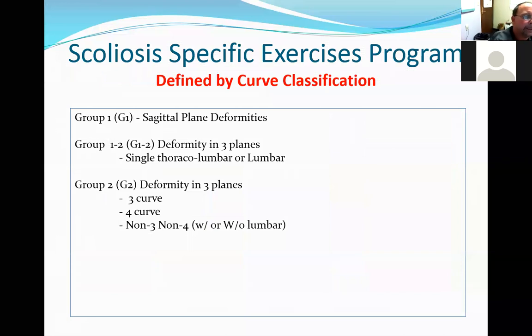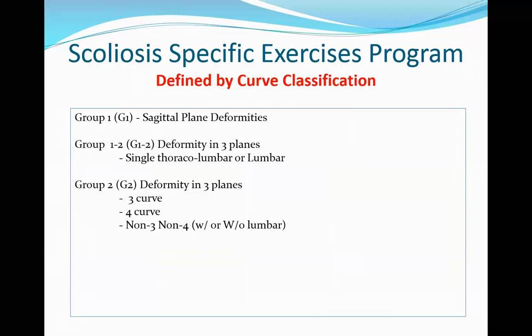Typically, in this methodology, we define our treatments as curve classifications. We have different groups of curve classifications. We have what we call the sagittal plane deformities, so those are things like your hyperkyphosis, your Scheuermann's kyphosis. We have our single thoracolumbar or single lumbar curve classifications.